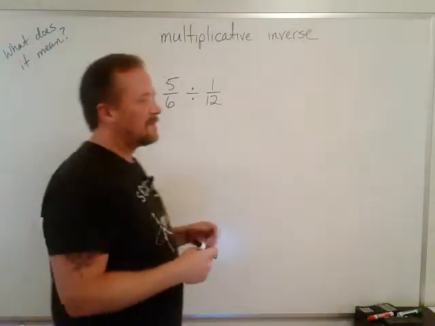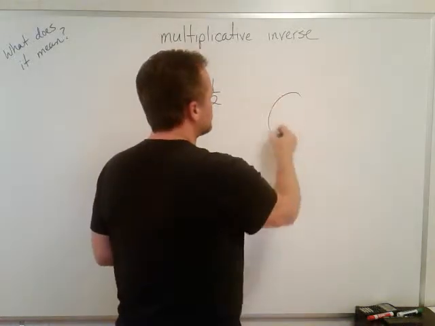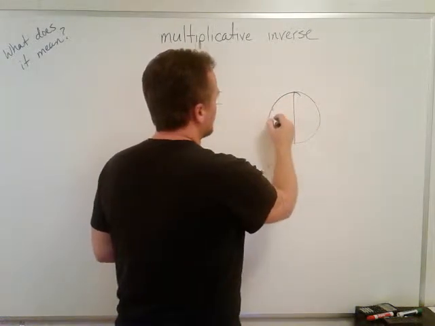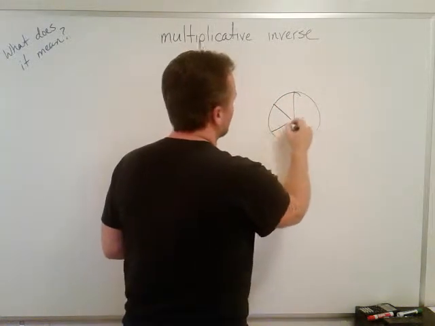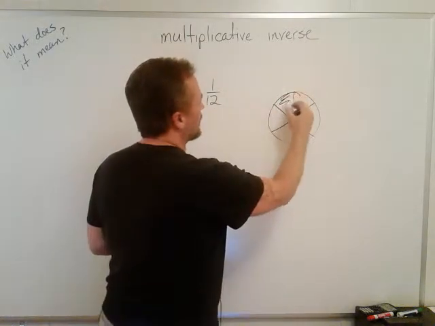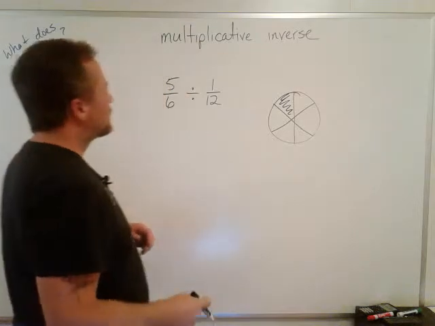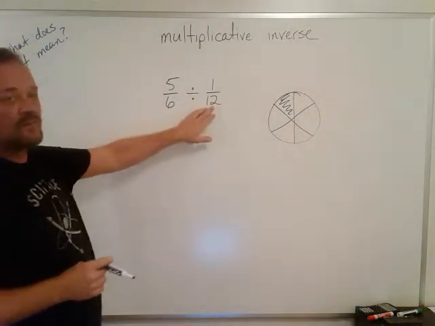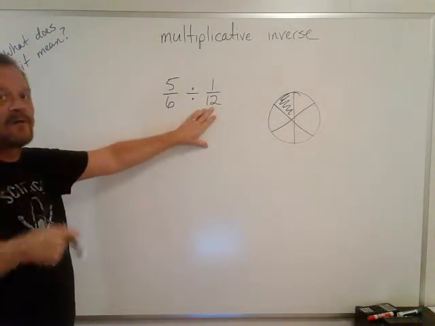Okay? So we have something cut up into 6 pieces, and we're only focusing on 5 of those, so we don't really care about this one too much. But we want to know how many times a 12th can fit in there.